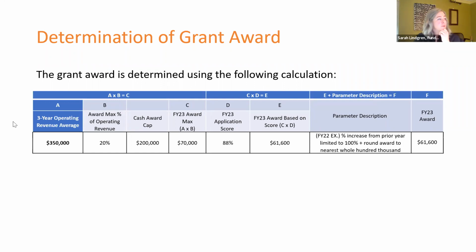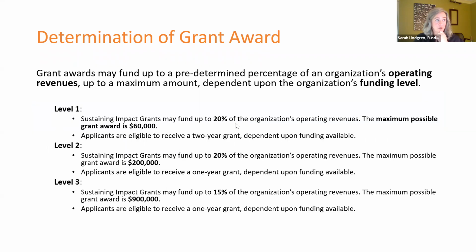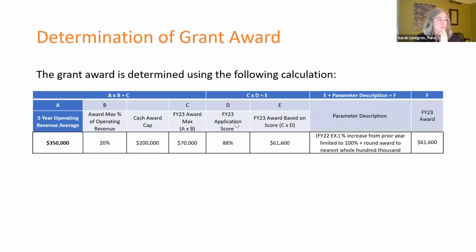You take your 3-year average of your operating revenue, and then you look at the max percentage, which is what we were just showing. So if you're a level 1, that's 20%. Sorry, I skipped over the cap. Look at the cap, and then that gives you the answer to C.